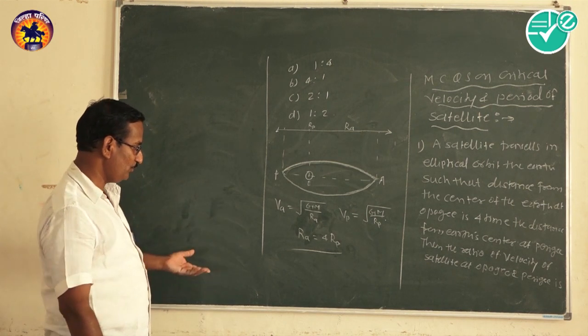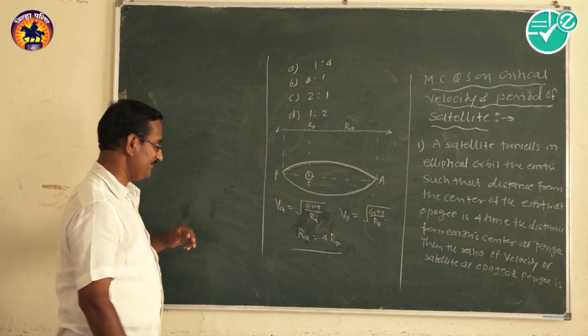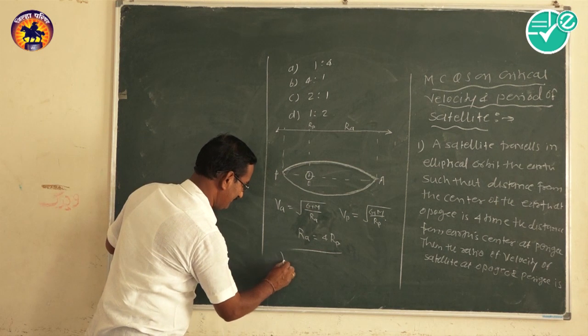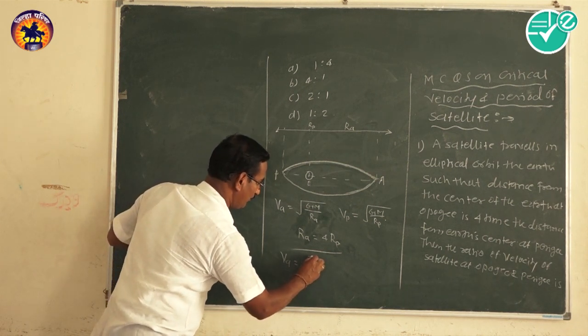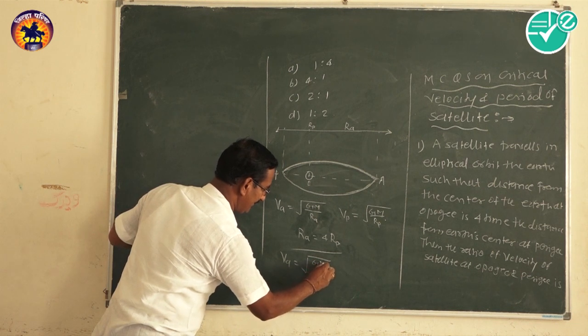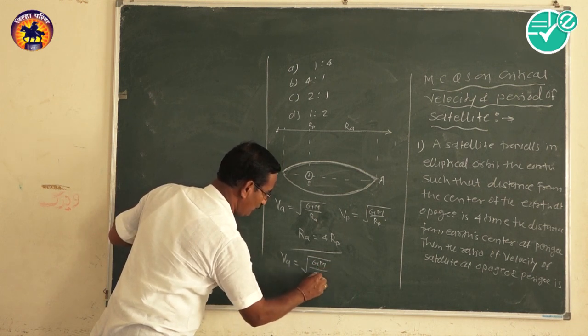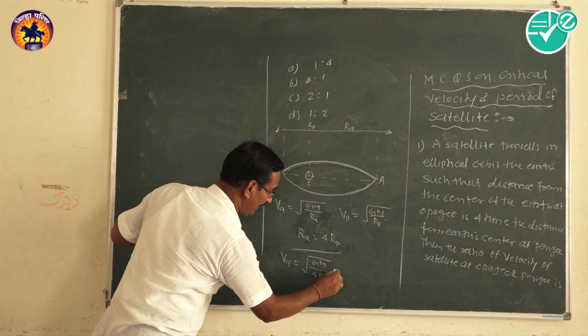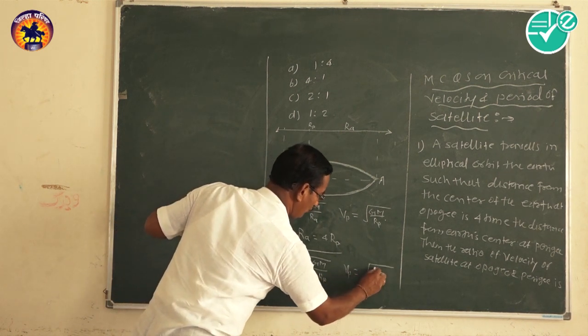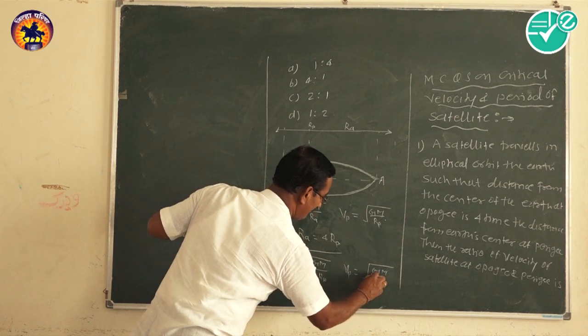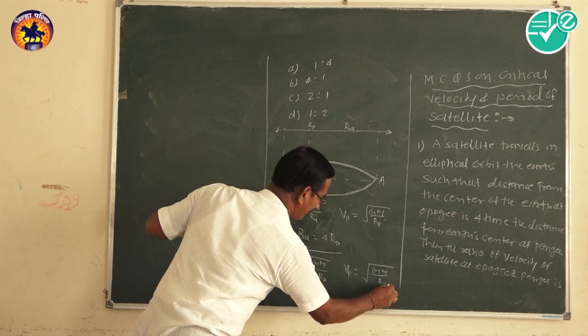Then we put this value in these equations, means VA is equal to under root GM upon 4RP, and VP is equal to under root GM divided by RP.